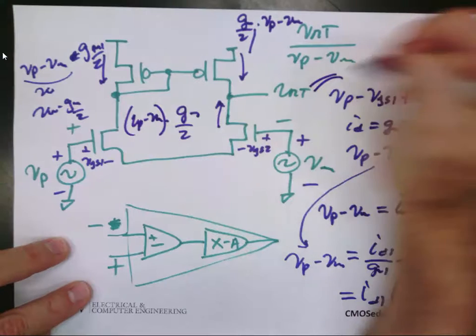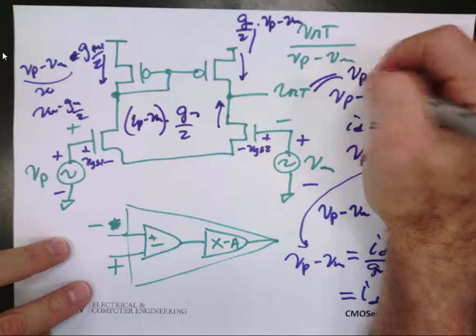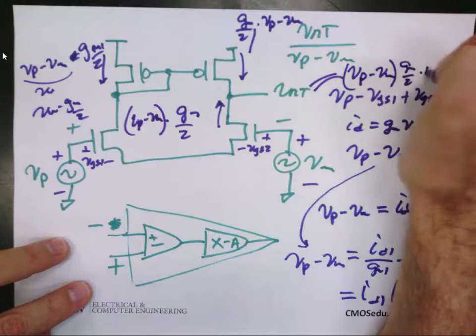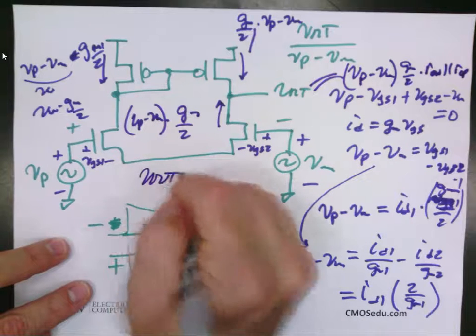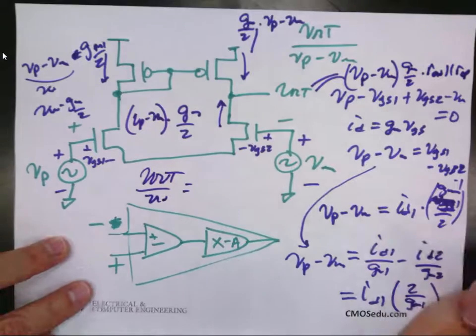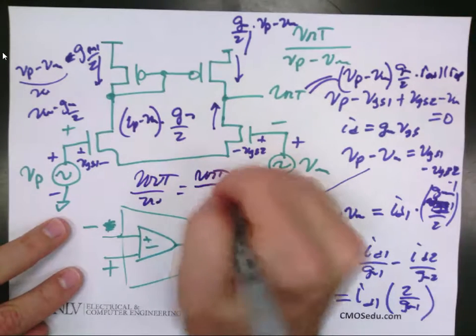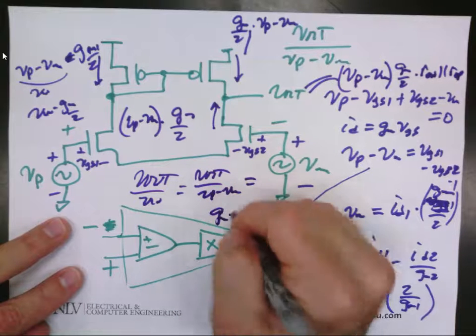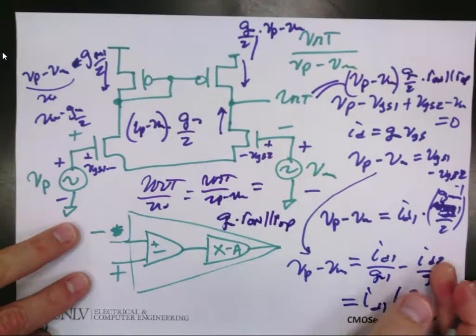And then what is V out? So what is V out over V in? It's V out over VP minus VM, which is GM times R out N in parallel with R out P. Same exact thing.